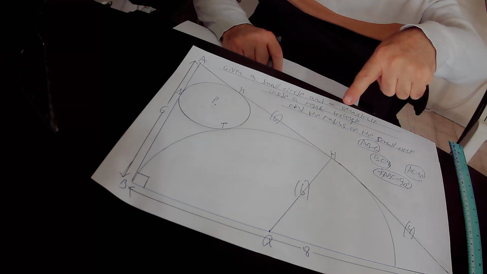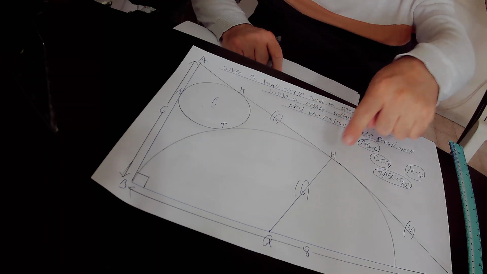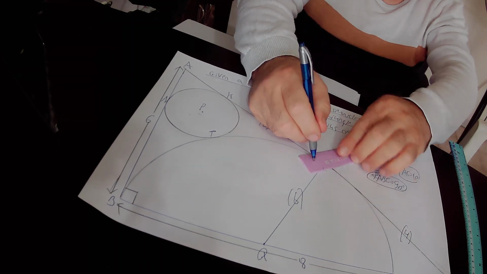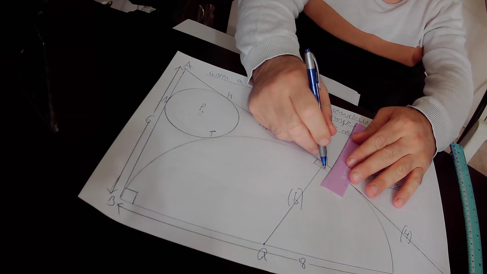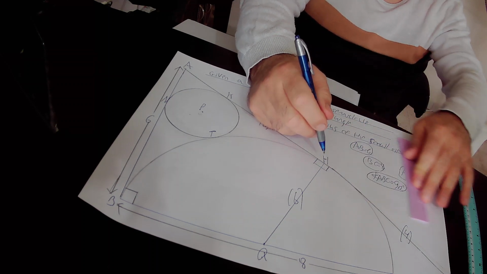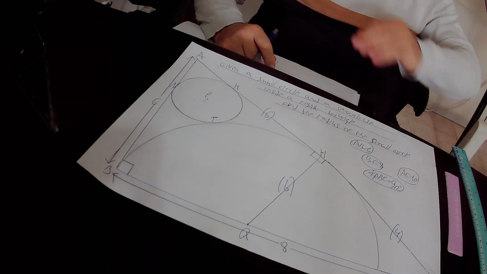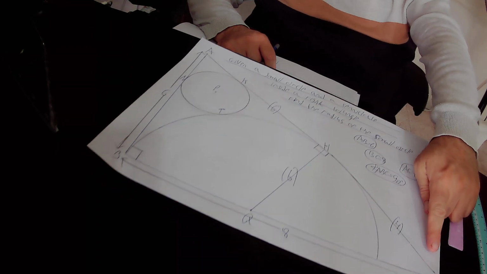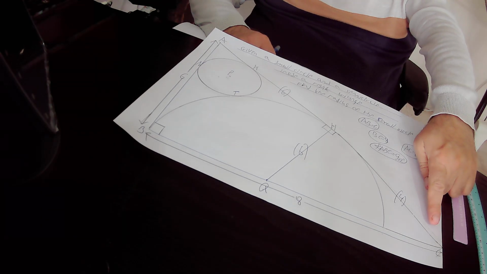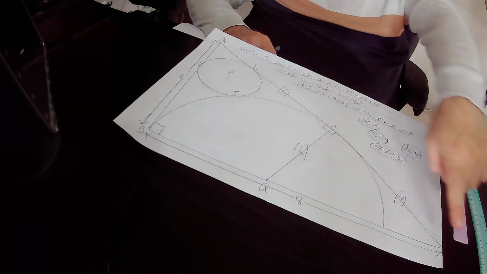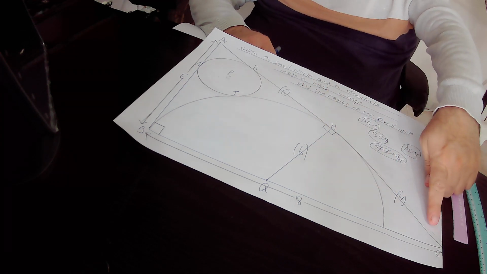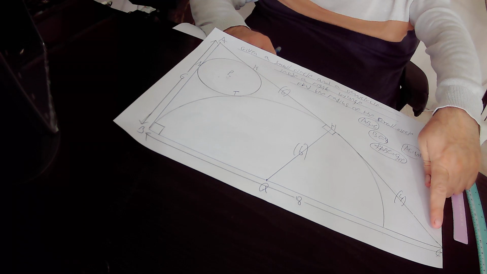If AC is perpendicular to HQ, it means that this angle equals 90 degrees, and this angle also equals 90 degrees according to rule 1. This is angle C. Angle C is a common angle that belongs to both the big right triangle ABC, and also to the small right triangle HQC. So we define the size of this angle. Angle C is alpha.